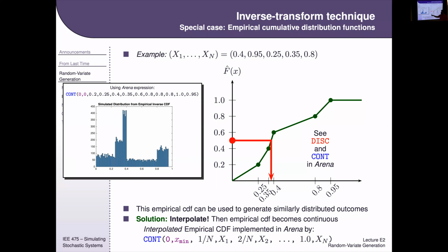So I can define a minimum value here, corresponding to 0 probability. And then I've got all the rest of these here. And then from this continuous approximation, I can draw, and I get data which goes from my minimum value to the highest value I saw in my data set. The frequencies are a little higher in some regions, a little lower in other regions, drawn from the data.